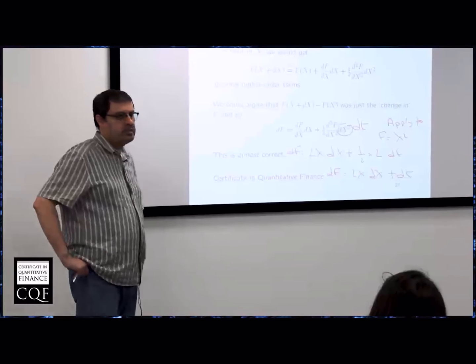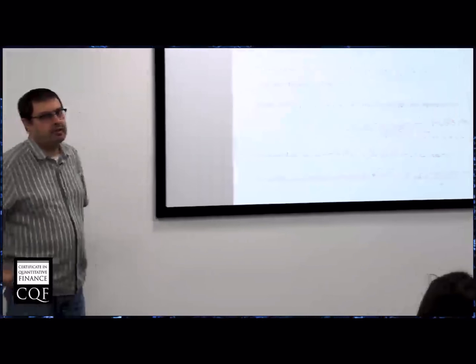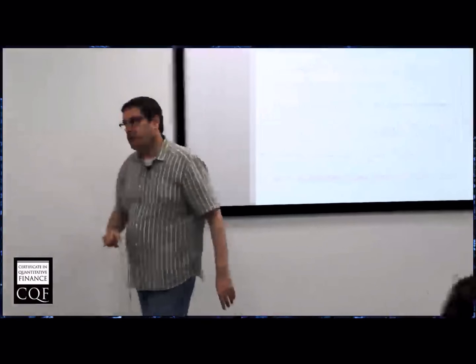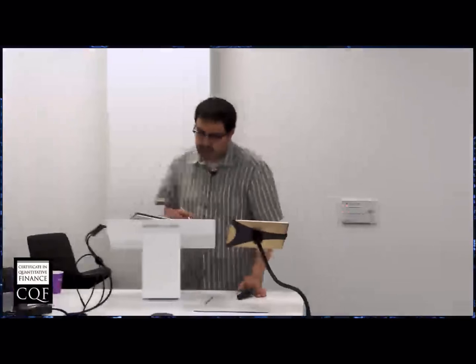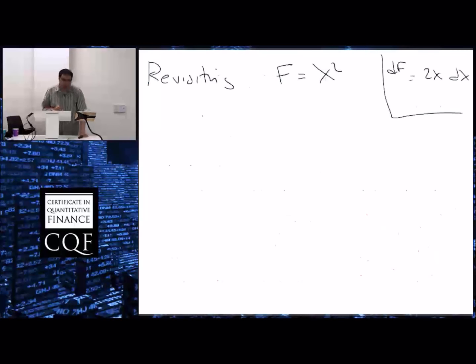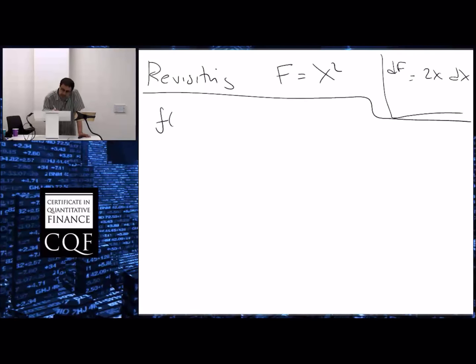Because when you do normal differentiation, you don't normally think of Taylor series expansions, do you? So let me do that. Let me just come here for a second, and if there are any questions, then you must ask me. Here's everyday differentiation. So here's f as a function of x.